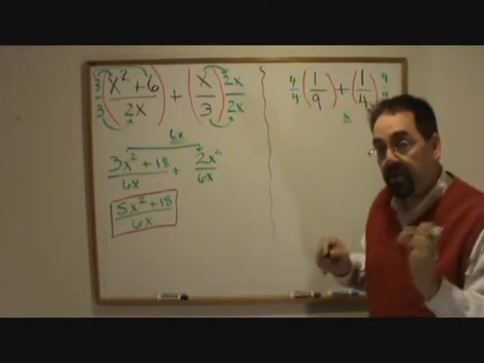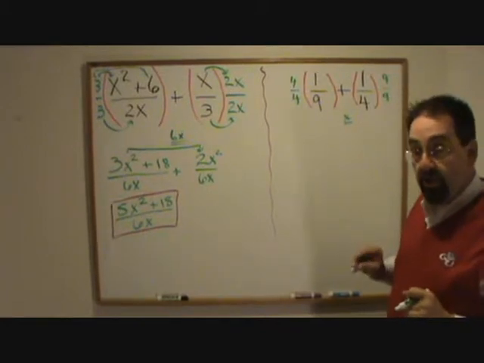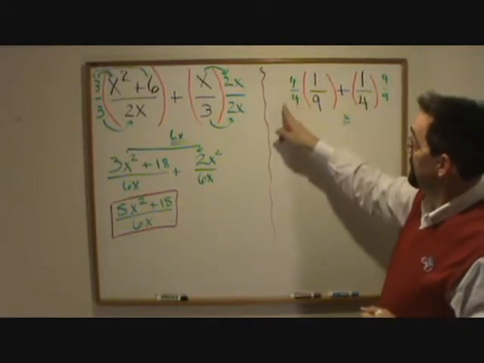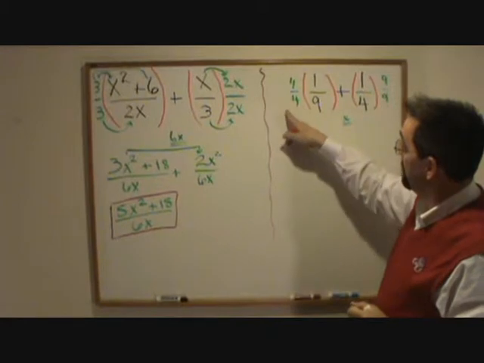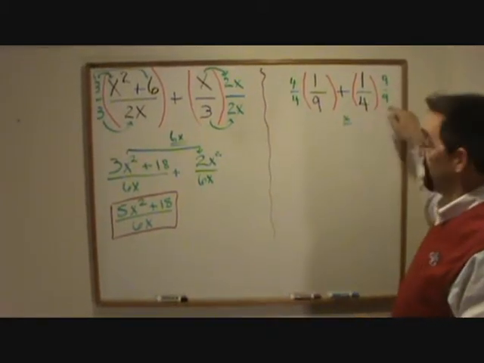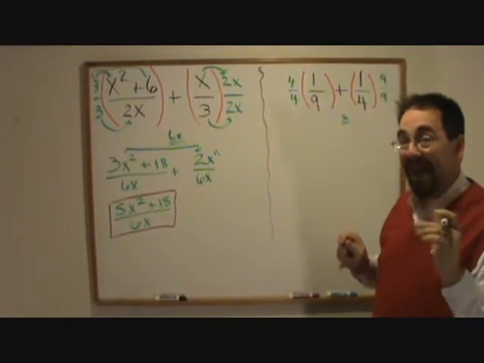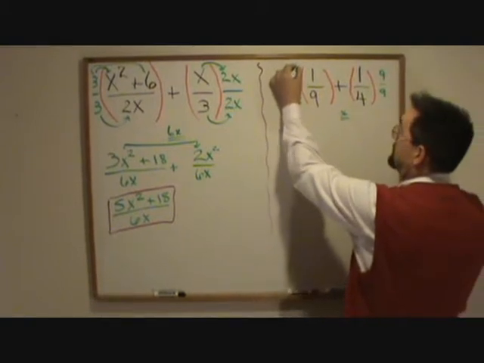So in order to find the lowest common denominator, multiply the two denominators that are there, 4 times 9, and then multiply this fraction by 4 over 4, which is just 1, and this one by 9 over 9, again just 1. So we're changing the look, but not the actual value. Distribute.